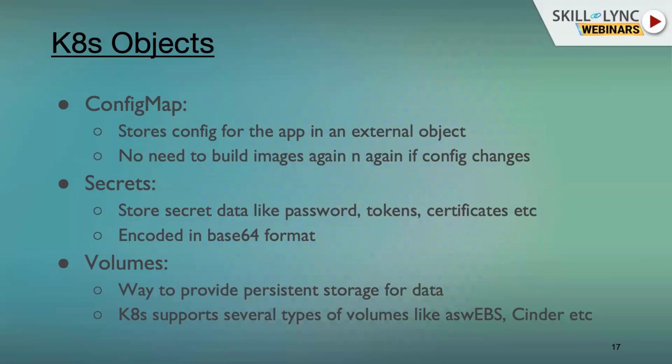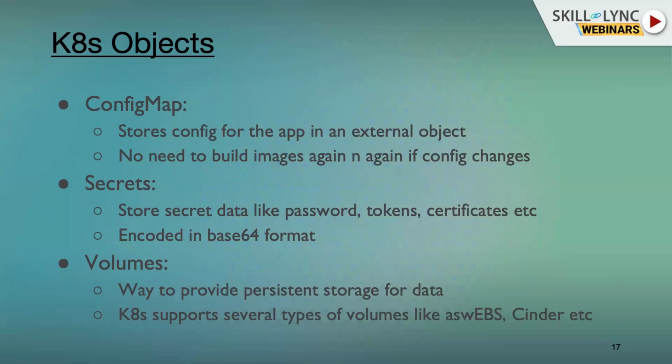Then volumes, right? Because the containers are ephemeral, whatever data gets generated as part of your application process, or whatever changes you make inside the container, as soon as the container finishes its work, the container dies, and all the data that is there would die with it.